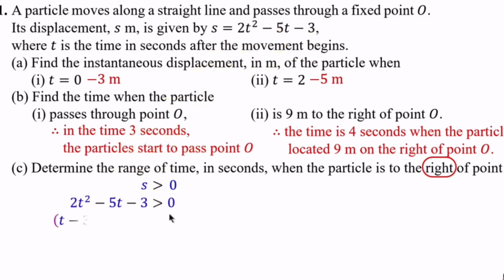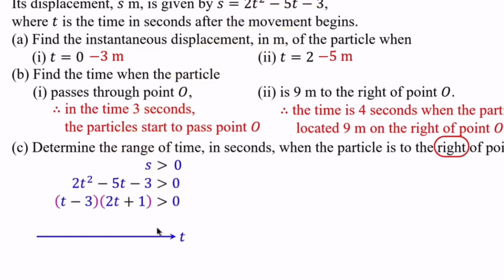So do you still remember how to solve the quadratic function? You have to sketch a U shape, and then you have to choose the side whereby the function is above the t-axis. We don't have x. It's just like your quadratic function, right? You learn in form 4. Okay, so this is actually more than 0.